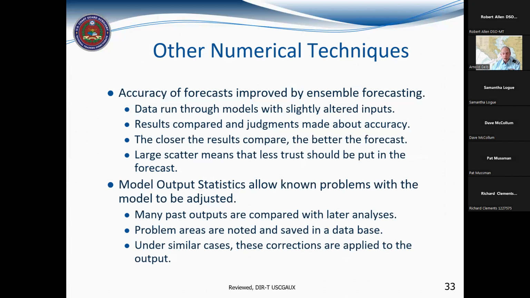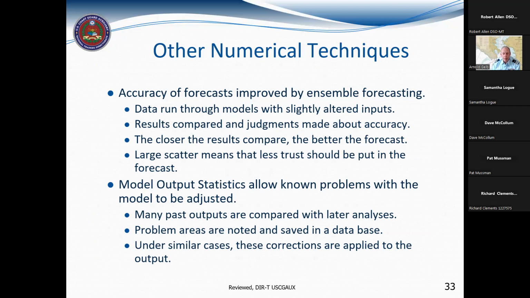Obviously, if a very small difference makes a very large difference in results, the accuracy of the forecast is less than if small differences result in not-so-large differences in the results. Again, the closer the results compare, the more accurate or better the forecast will be. And large scatter means that there's a lot of potential variability, so you should put less trust into that forecast.